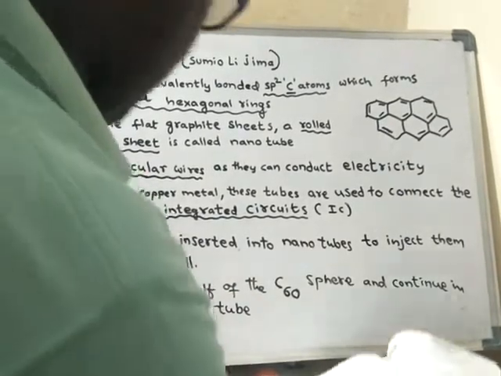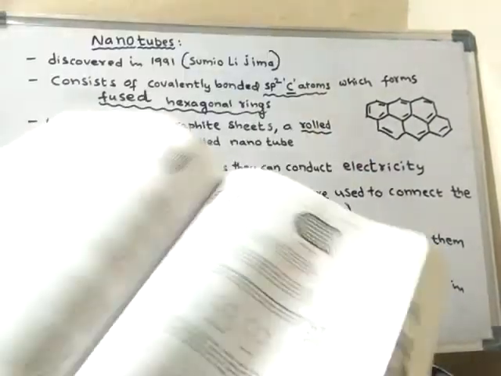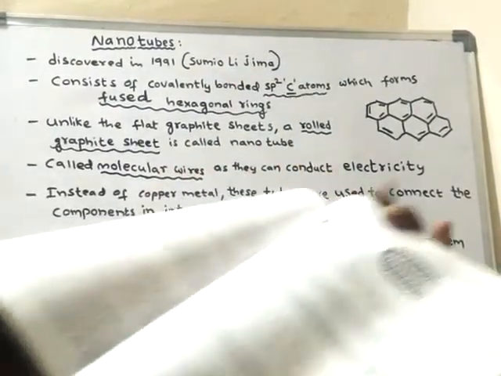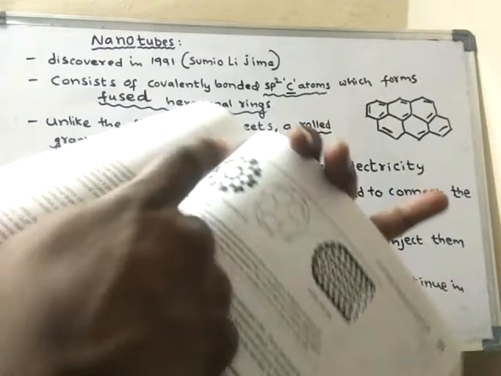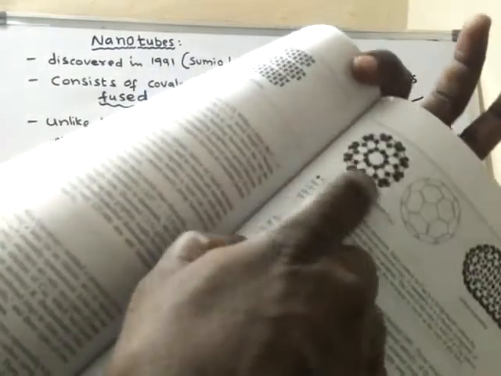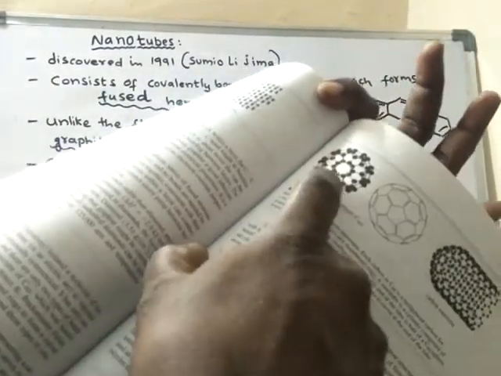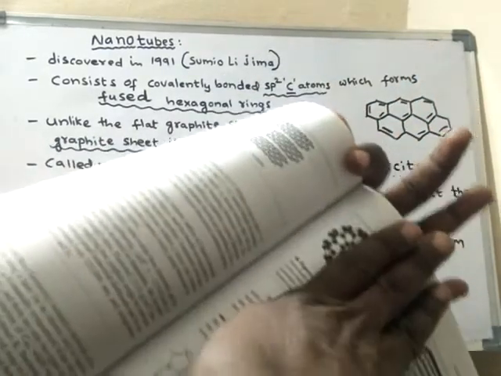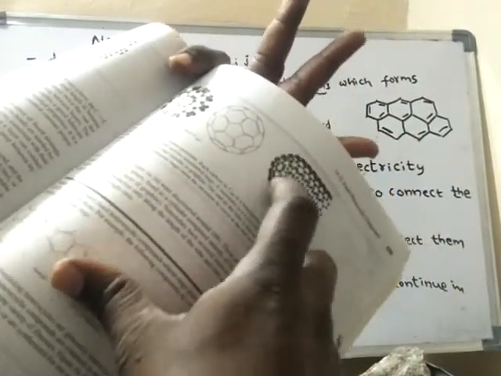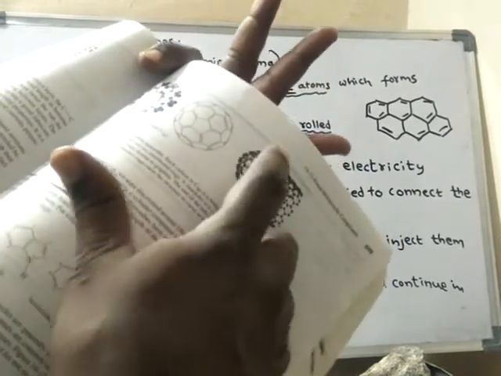If you observe the structure of a nanotube, at the beginning it is half of the C60 molecule, this portion.